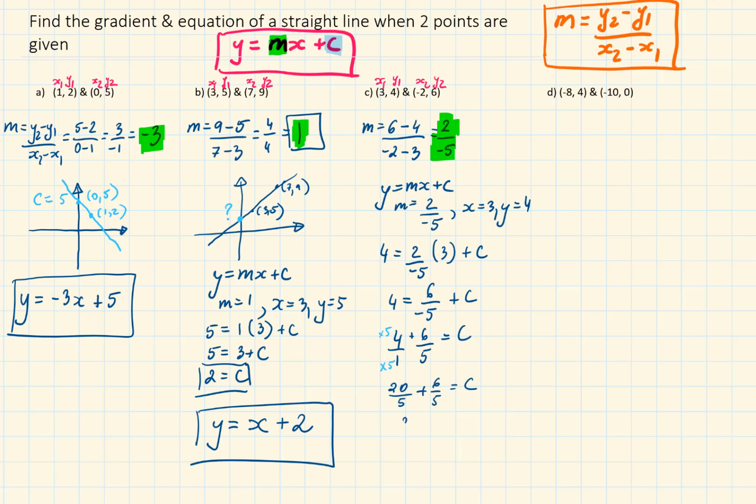Simplify this is 26 over 5, which is our c. It's true, we can simplify it, we can write it as a mixed number, but it's not necessary.